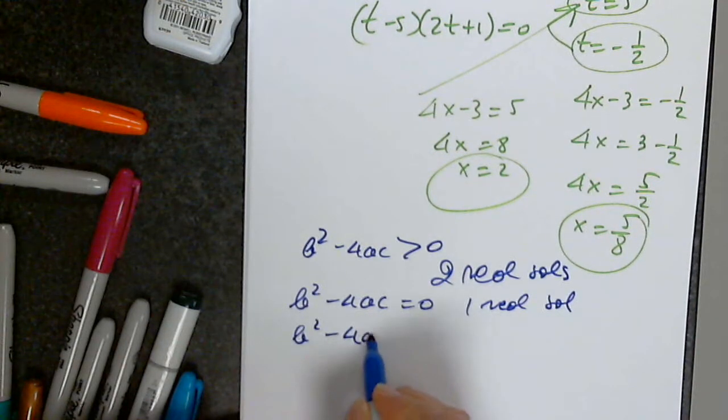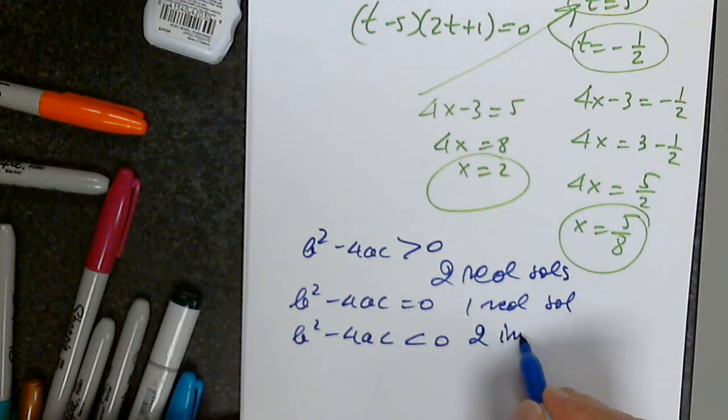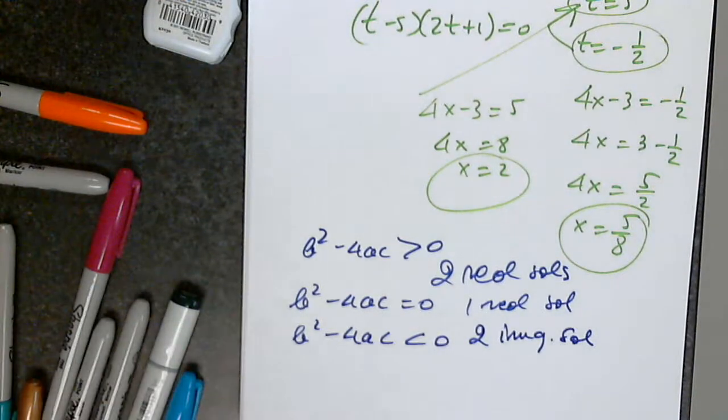And B squared minus 4AC less than 0, 2 imaginary. Is that okay?